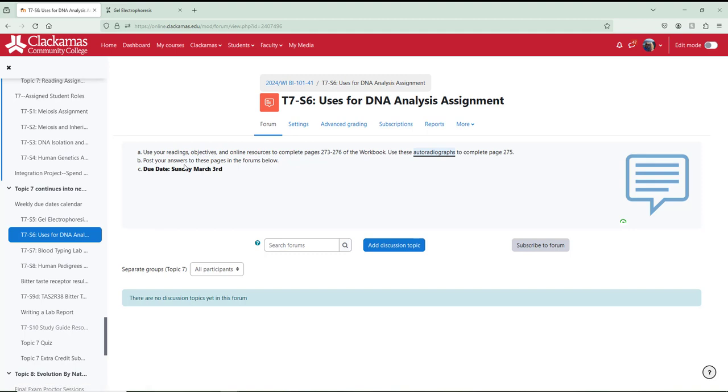Once you have answered all of the questions, you're going to post your answers to all of these pages. So just take a picture of each one of the pages starting on page 273 and then upload them and submit them. Or if you don't want to do pictures, you can just answer the individual questions. Okay, so that is due again on Sunday.